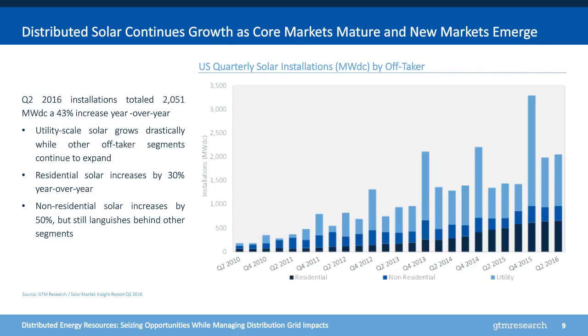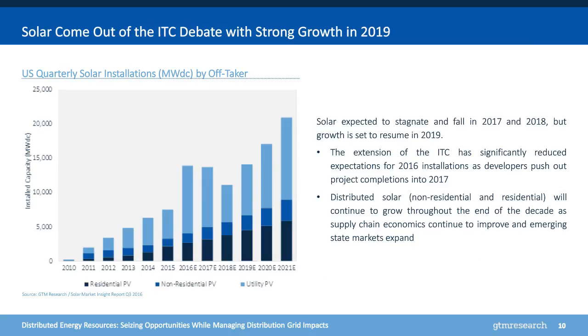When you look at this next chart, the utility market as a whole, when you look at year-to-year growth of solar, is something that's driven by much more volatility, largely due to the ITC, than the commercial solar and residential solar markets.